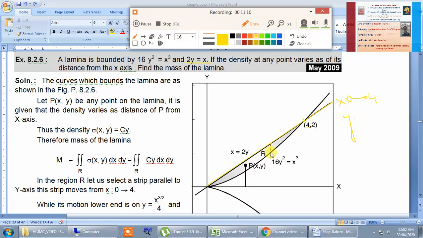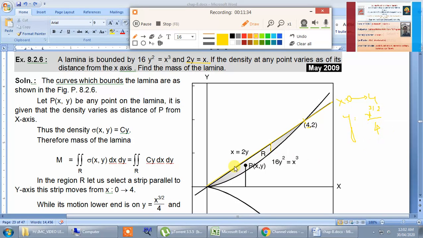Lower end is on 16 y square equal to x cube. We require a value of y, therefore taking square root on both sides we get x raised to 3 by 2, divided by 16 raised to 1 by 2, and 16 raised to 1 by 2 is 4. So x raised to 3 by 2 divided by 4 we get here.